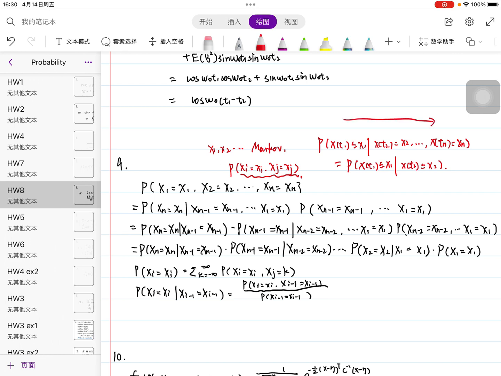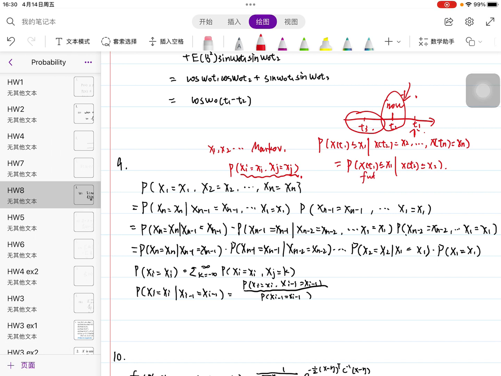And with the axis like this, t2 is the current time, that is t2 now. t1 is here, t3 is here, right? So those past has no influence on the future under the condition that we know the present value here.